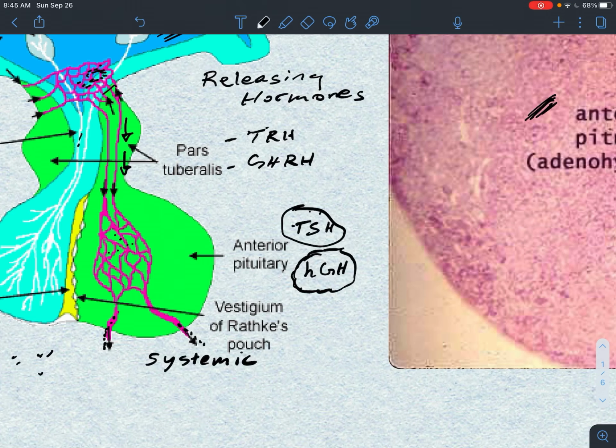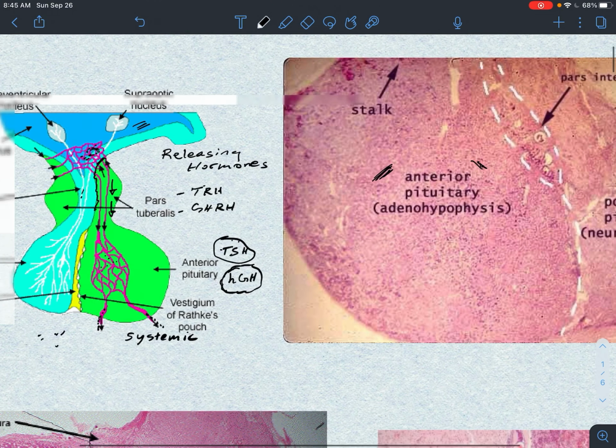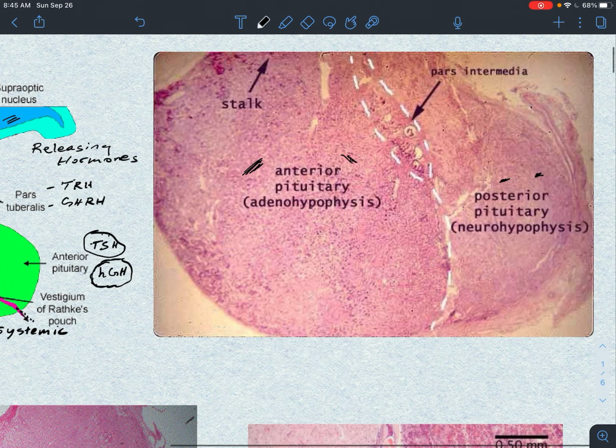And you can see that it is separated right here from that posterior pituitary, whereas the posterior pituitary is an extension of the brain. The anterior pituitary is embryologically different and is glandular. And so when we look over here at the histological slide, you can start to see that a little bit with the color difference of the anterior versus the posterior. The posterior is a bit lighter.